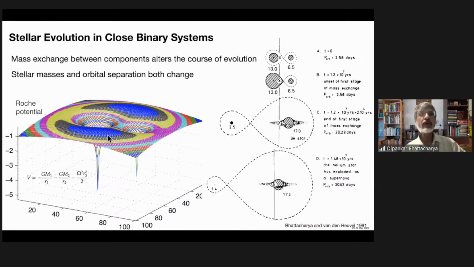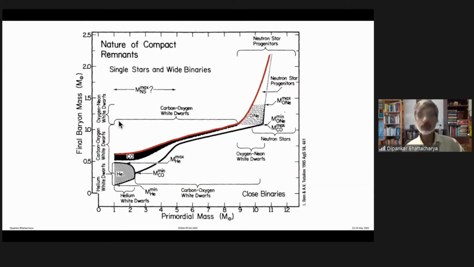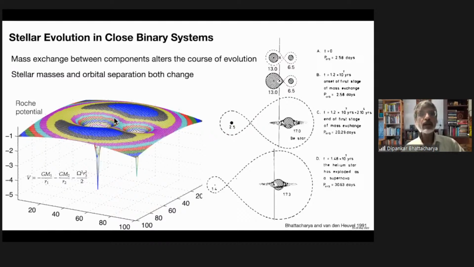So at some point, if the star grows large enough, material can move from one star to another. Basically, material can be stripped from one star by the gravity of the other star.